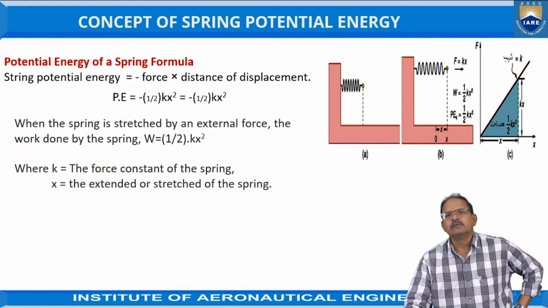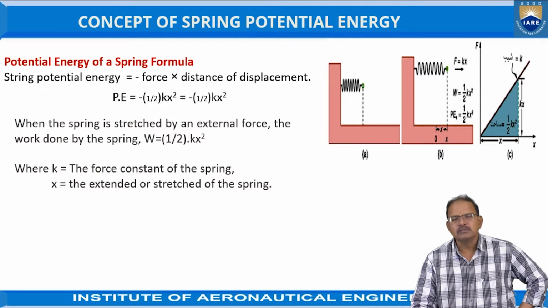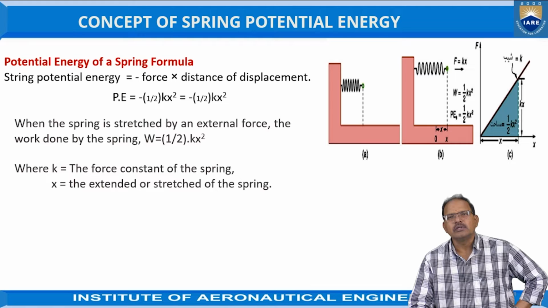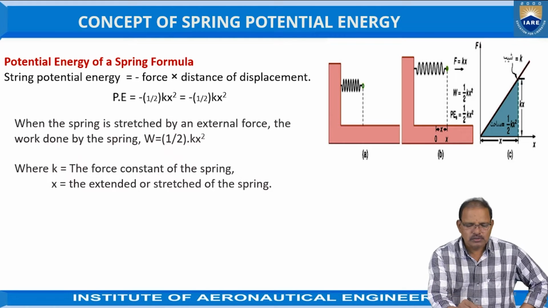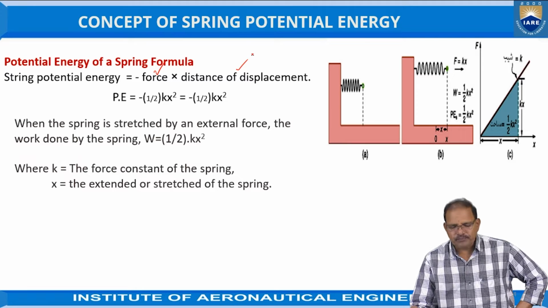Generally, it depends upon when the force is applied, that is, the force increases, later it comes to the equilibrium position. Hence we have to consider only the average force, that is (0 plus F) by 2. That is the average force multiplied by the displacement of the spring.